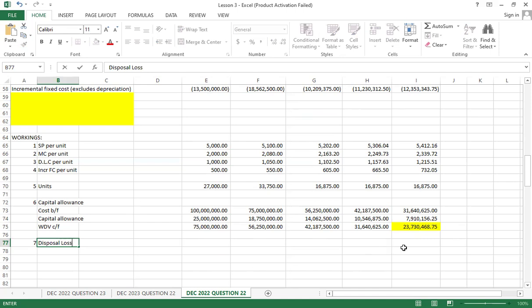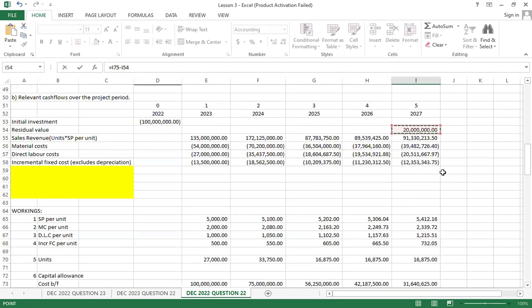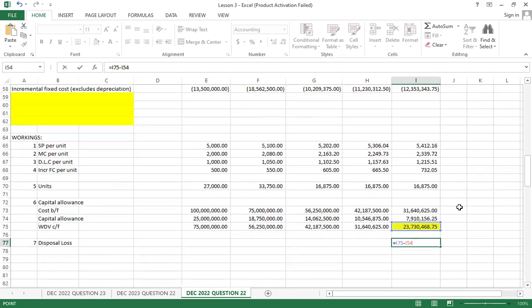We determine the disposal loss as simple as this: we take this valuation at 23, we minus from it the residual value, the sale value, that 20 million, and that means that we get a loss of 3.7 million.